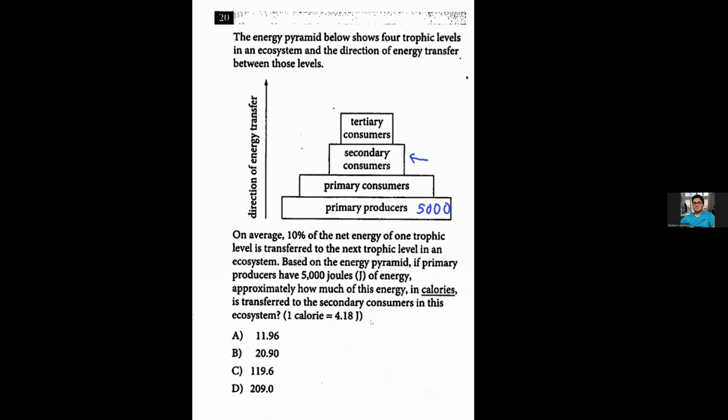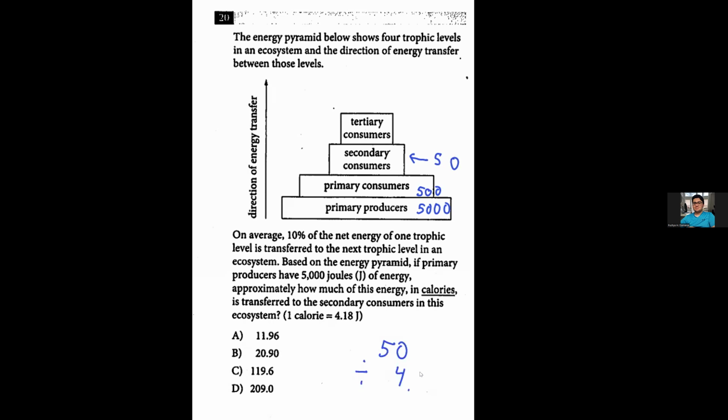And we're given the conversion ratio. So we're told that 10% is transferred to the next trophic level. So that means primary consumers have 500 and secondary consumers have 50. So we now need to convert these 50 joules into calories. So what we do is 50 divided by the conversion ratio, which is 4.18.